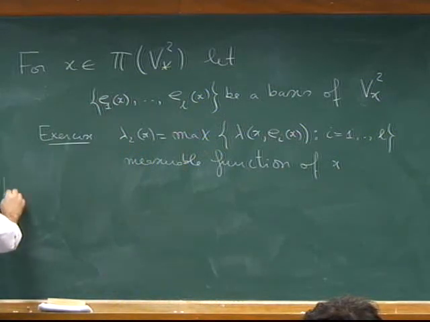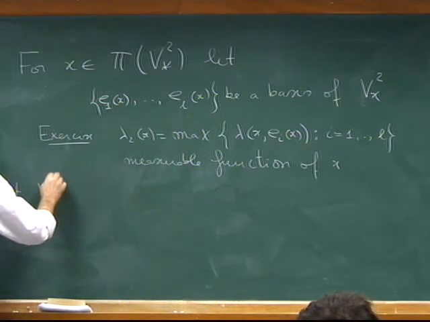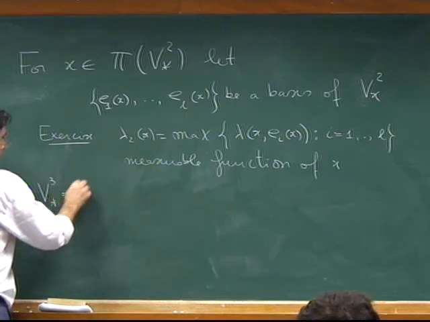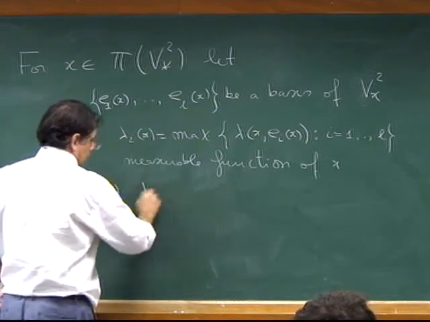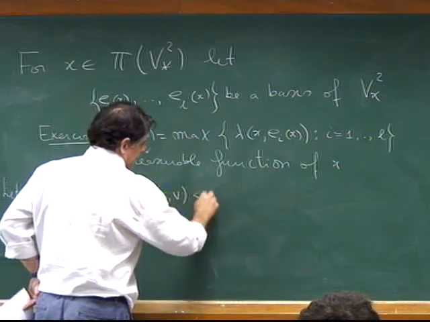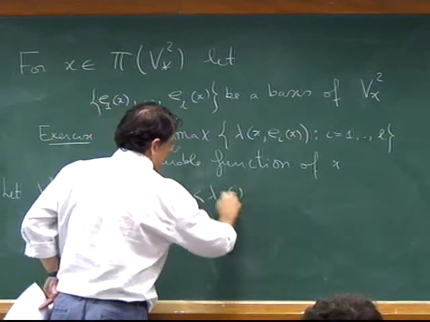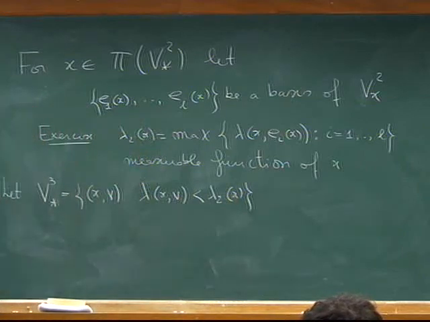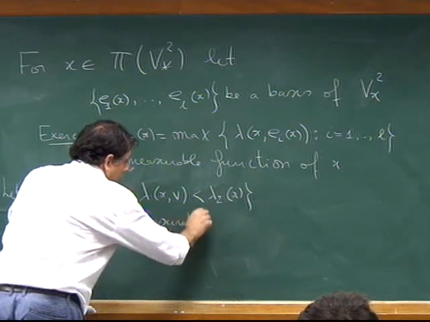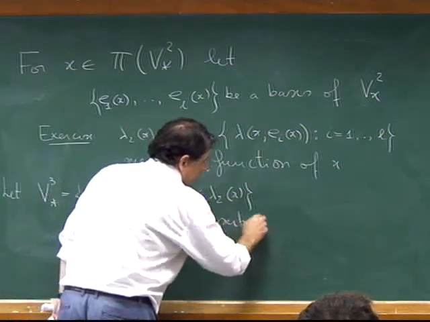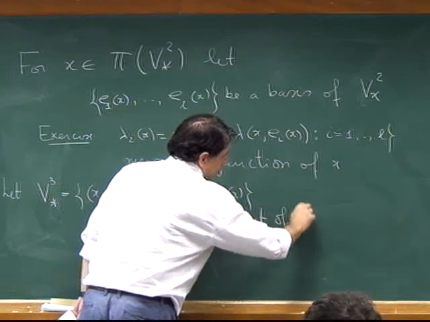Then you let V3 star be the set of pairs such that lambda(x, v) is less than lambda_2. This is a measurable subset of the product.